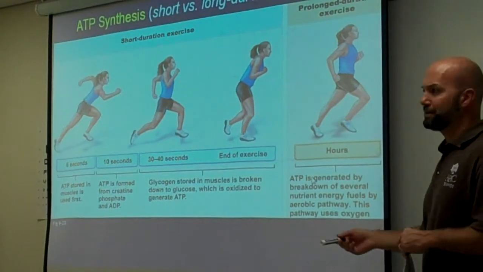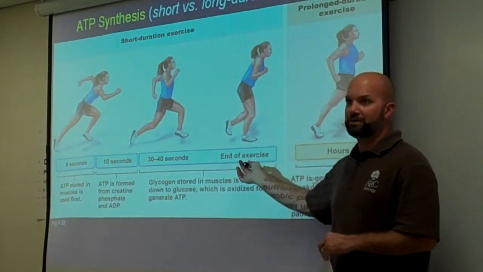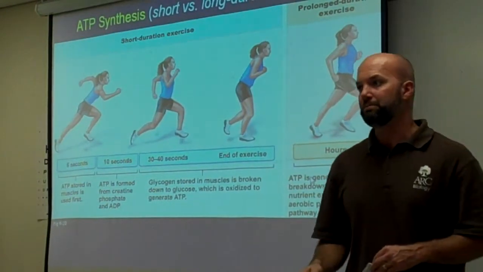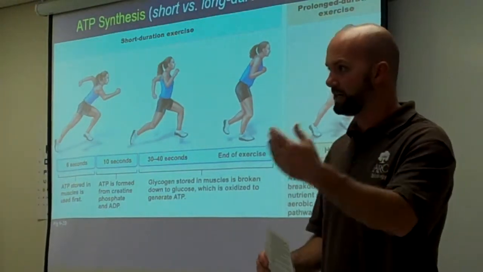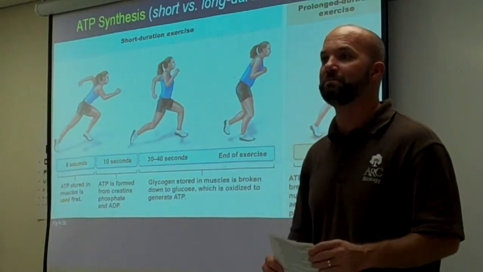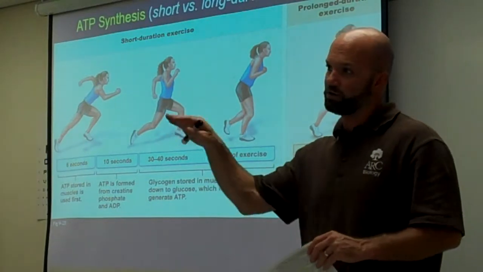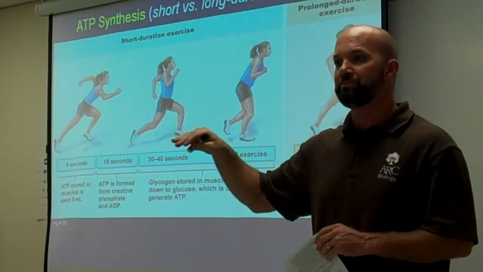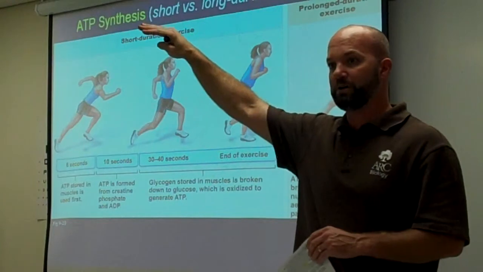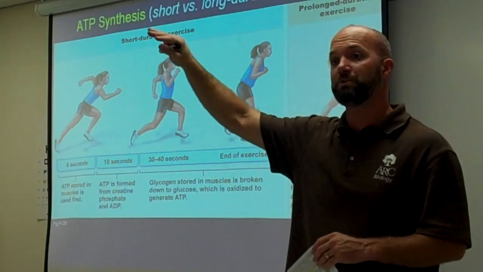And then, even better, also around a minute or so, you'll start breaking down more triglycerides and start getting some of your ATP from fatty acids. And the longer that exercise continues, the greater the contribution from fatty acid metabolism becomes.